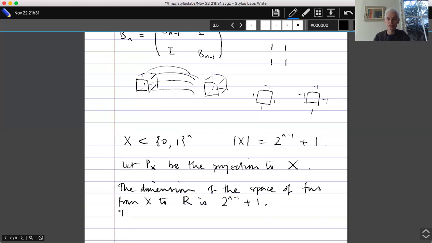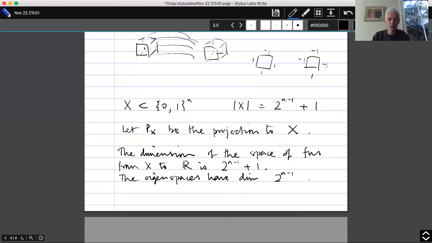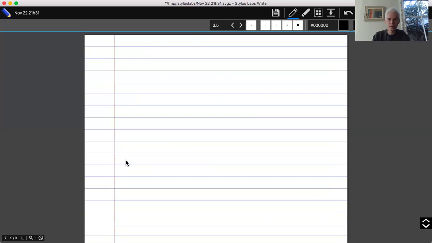But the eigenspaces have dimension 2^(n-1), as we saw before, because root n has multiplicity 2^(n-1), and so does minus root n.